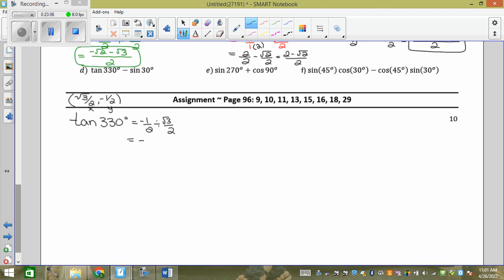So we get negative a half times 2 over root 3. The 2's can cancel, and I get negative 1 over root 3. And then what did I tell you have to do? Rationalize, right? So multiply by root 3. So we get negative root 3 over 3. Minus sine of 30, which is a half.